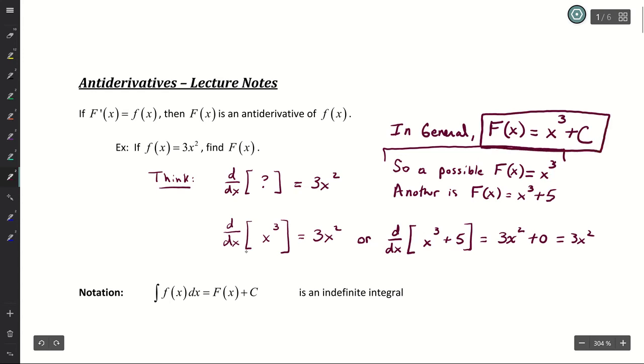As long as we use x cubed and then plus or minus a constant, if we take the derivative of that function, we'd get 3x squared back. So the antiderivative of 3x squared is x cubed plus or minus a constant. And you can get away with just plus the constant because the constant might be negative.